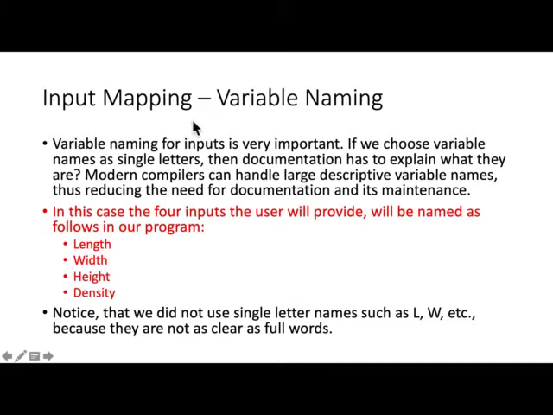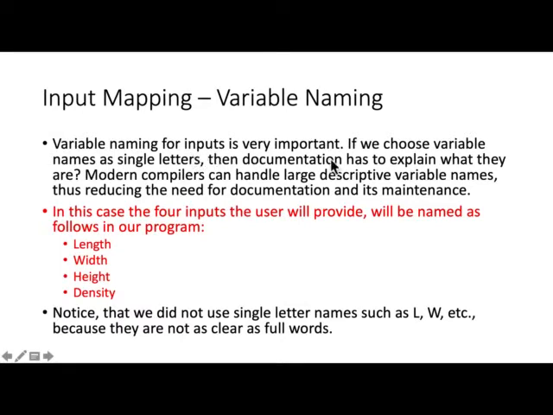So in this part we decide what inputs are being made, and we find the names for the variables for these inputs. In programming, anything you need to compute in the program has to be stored first in variables.